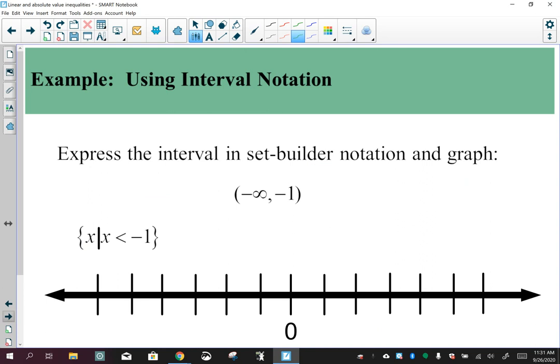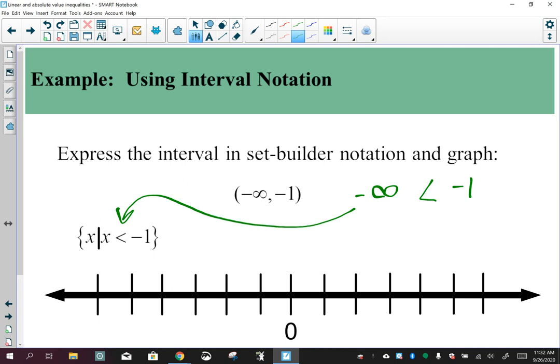So in this case, same thing. So I have parentheses here. So I know I'm going to start at negative infinity and I'm going to end at negative 1. And because I'm not going to include that negative 1, I'm going to have that and then I'm done. I'm going to take this information here. Now, when I plug it into here, because of the infinity symbol, I don't know what this is.